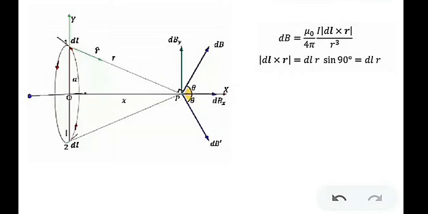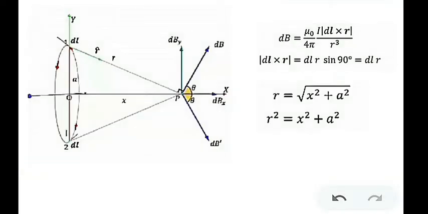Now dl cross r is a cross product, so dl into r sin theta. Here theta means this angle, that is 90 degree, so sin 90 is 1, so dl cross r equal to dl into r.